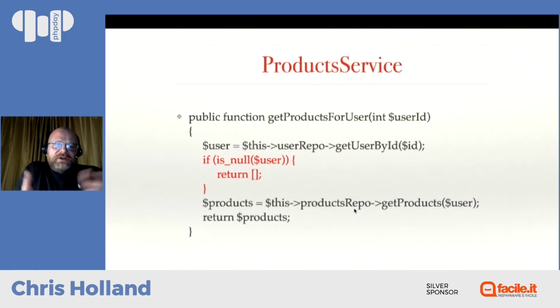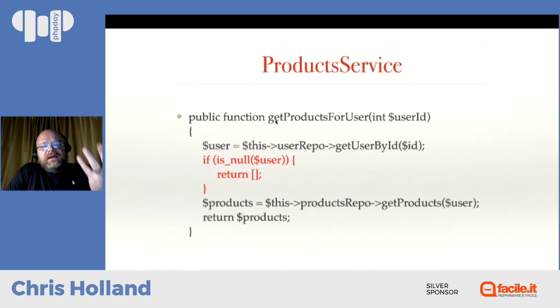In red here in the middle, I'm testing that the user that I got back from my repository is null. If it is null, I'm not going to go into the code that's below it. I'm just going to return an empty array, because that's the most straightforward or convenient thing to do.